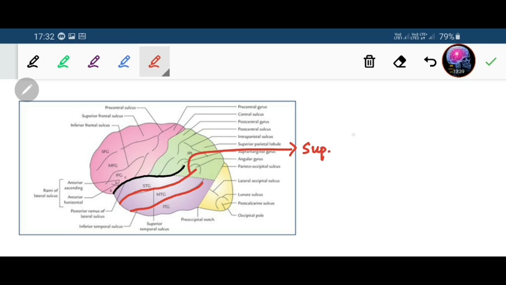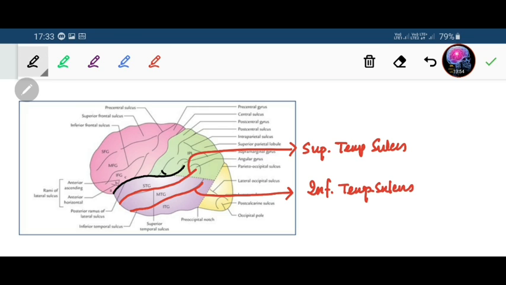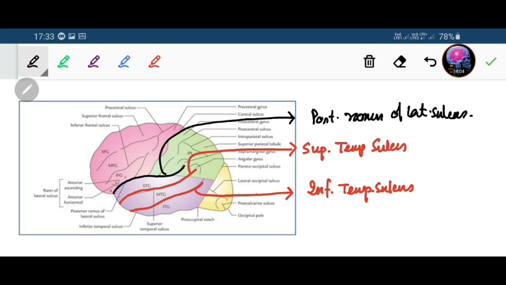Superior temporal sulcus, inferior temporal sulcus, posterior ramus of lateral sulcus.